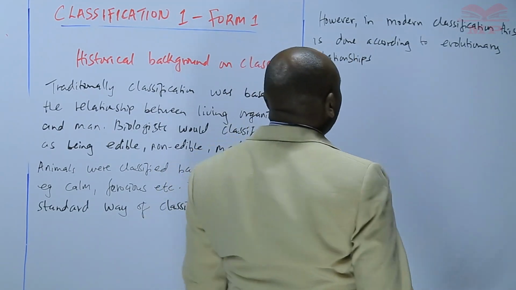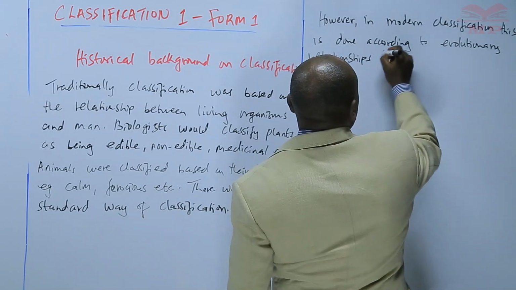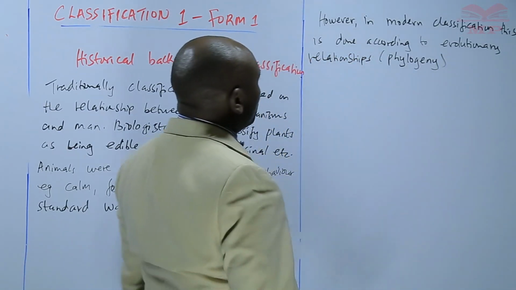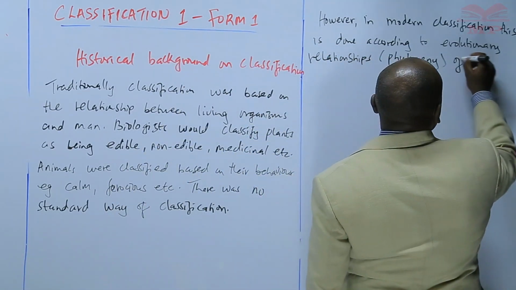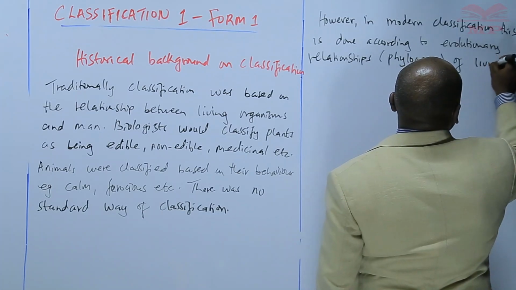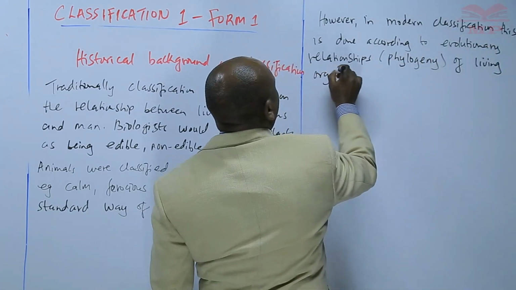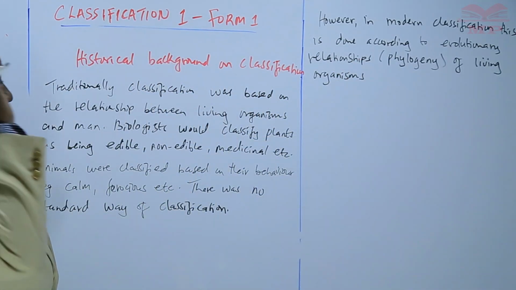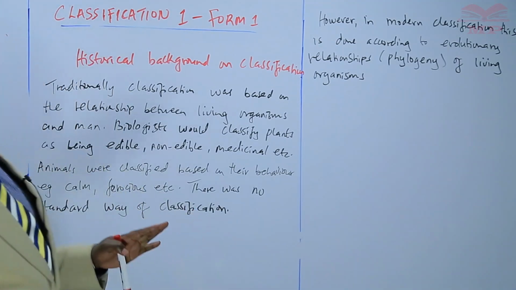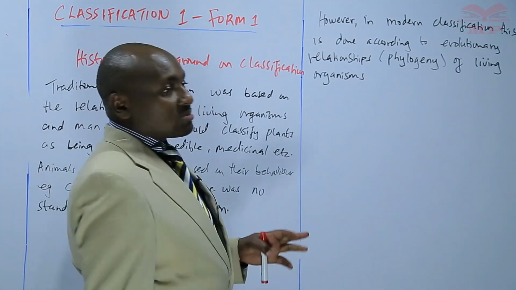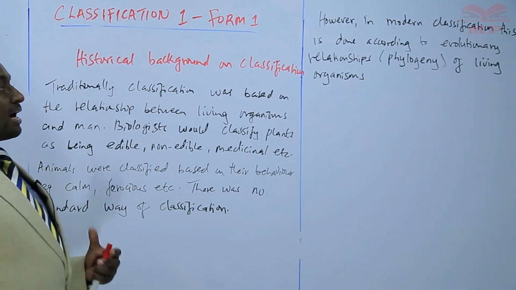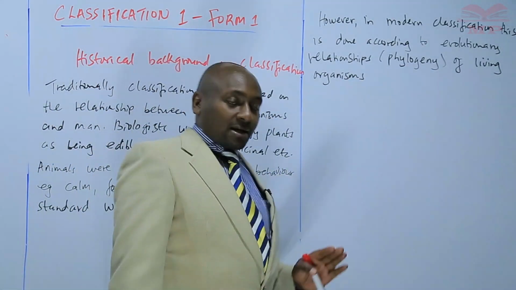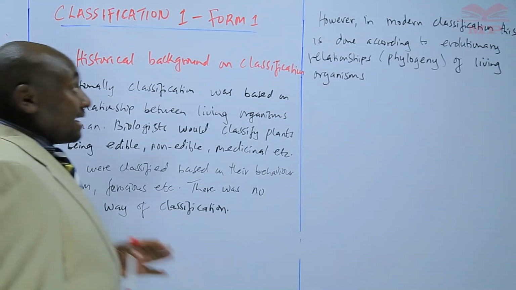Evolutionary relationships are also called phylogeny. The phylogeny of living organisms. So that is basically what changed. So we started now looking at what do these organisms have in common, and why do they have some features in common that indicates a common ancestor, or that indicates a common ancestry.